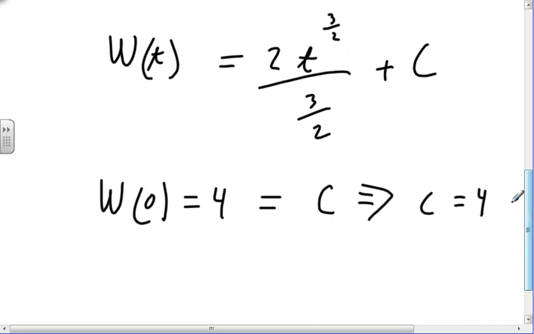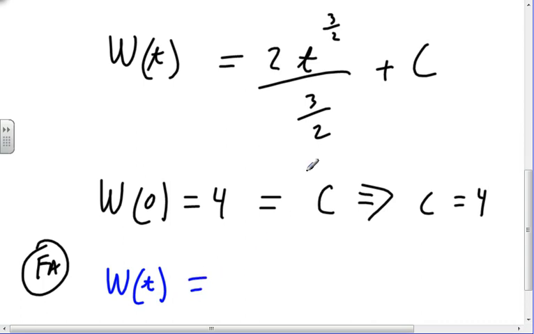So now my final answer would be W at t is equal to, I'm going to invert and multiply, 4/3 t to the 3/2 plus 4.